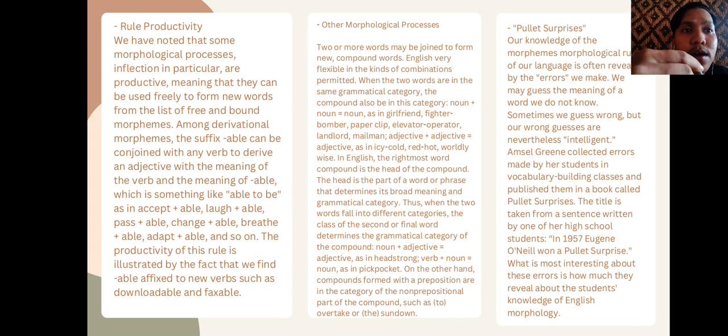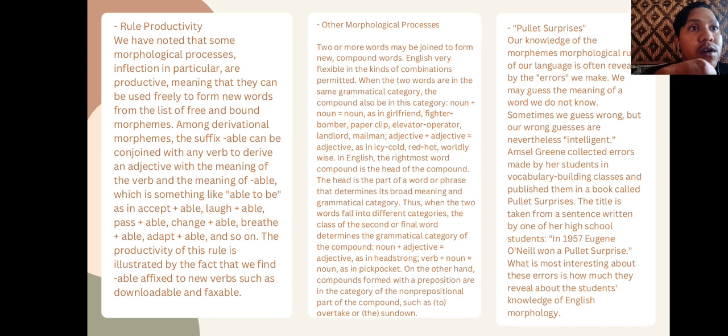The head is the part of a word or phrase that determines its broad meaning and grammatical category. Thus, when the two words fall into different categories, the class of the second or final word determines the grammatical category of the compound: noun plus adjective gives an adjective, as in headstrong; adjective plus noun gives a noun, as in pocket. On the other hand, compounds formed with a preposition are in the category of the non-prepositional part of the compound, such as overtake or descend down.